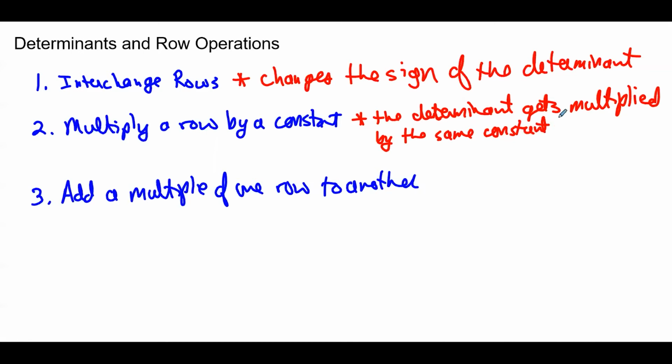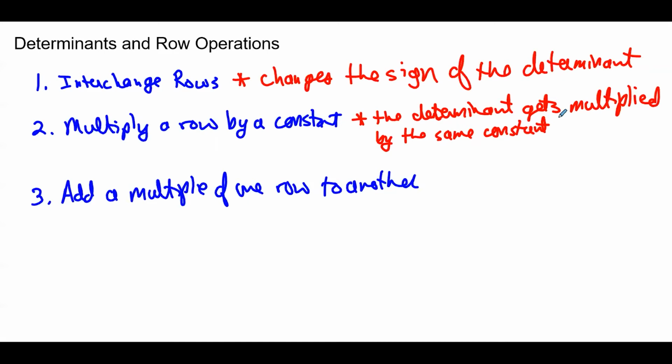So if you multiply a row by 2, because you're taking every entry in that row and doing the cofactor expansion, every entry gets multiplied by that 2, so the whole determinant gets multiplied by 2. So if you do that in your operations, when you're done you would need to divide by 2 to reverse that row operation.